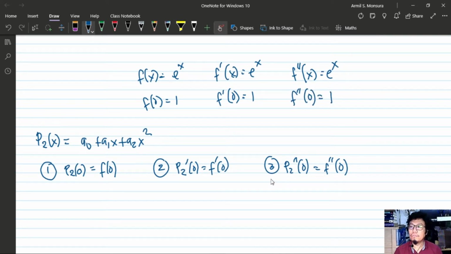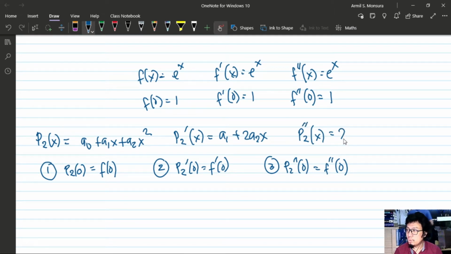But in this case, your P2 prime of x is a1 plus 2a2x, while your second derivative for P2 is 2a2.